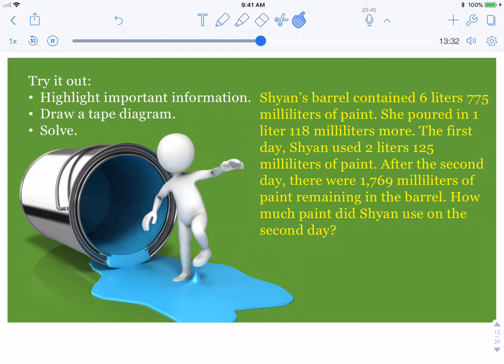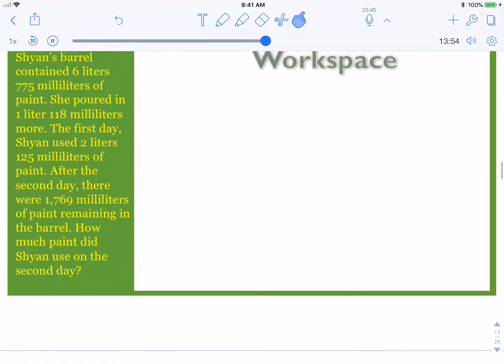How much paint did Cheyenne use on the second day? Highlight important information, draw the tape diagram, and solve. So here's your workspace. Go ahead, highlight, draw your tape diagrams, work it out, and solve it. When you're done, we'll go through the answer together.